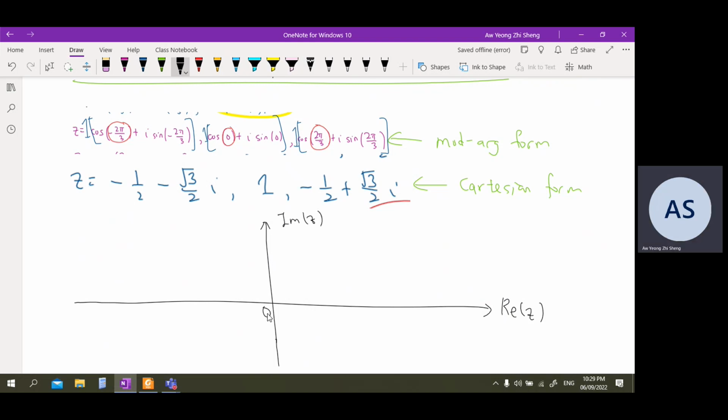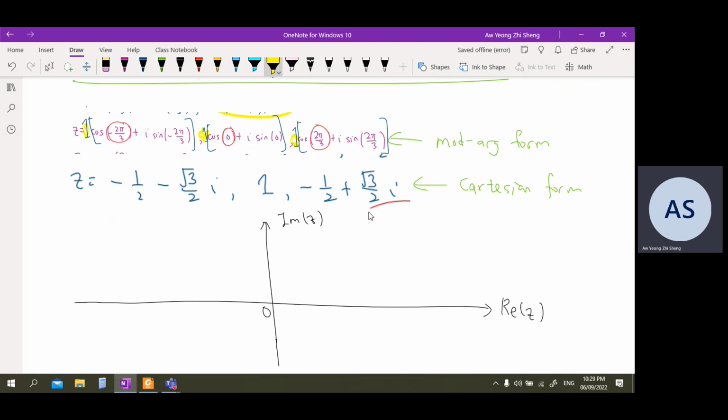Okay, so I repeat, the point representations of these 3 cube roots of unity will be located along the circumference of a unit circle centered at the origin. Because the r is 1 for all 3 of my solutions.